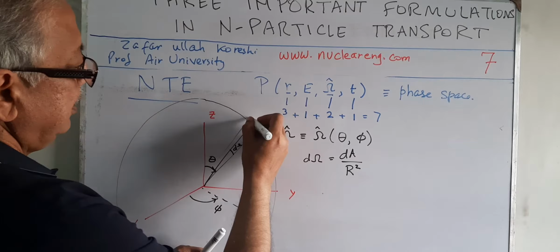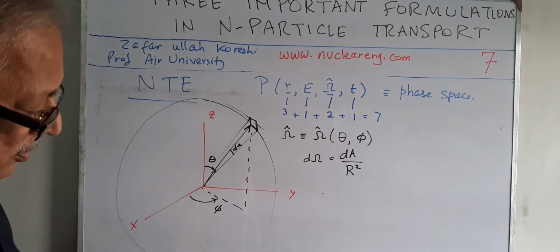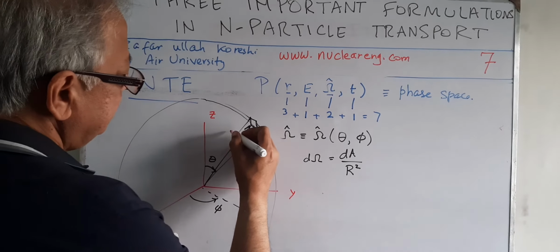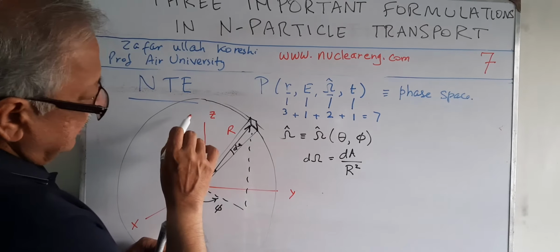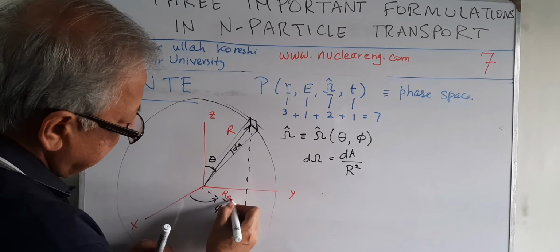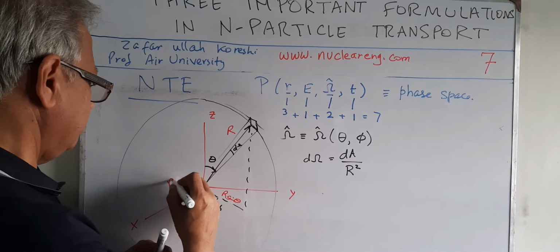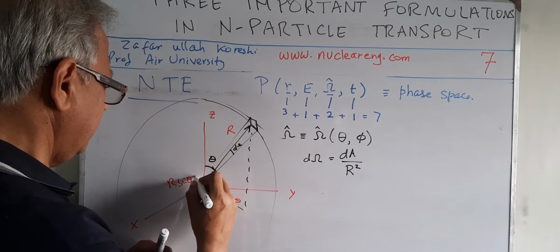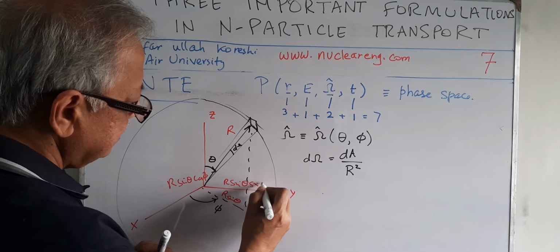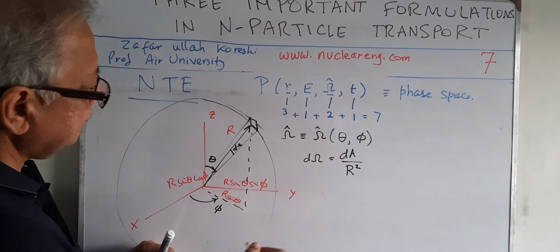Imagine that this is a football and there's a small area over here. If this is the radius r, this becomes r cosine theta, this becomes r sine theta, this becomes r sine theta cosine phi, and this becomes r sine theta sine phi.